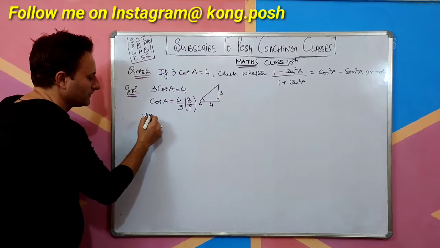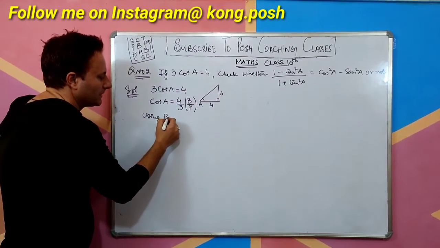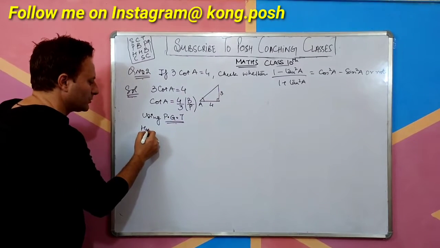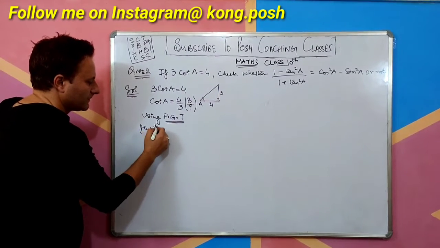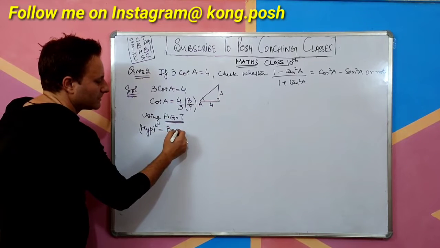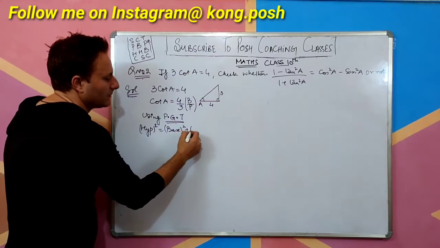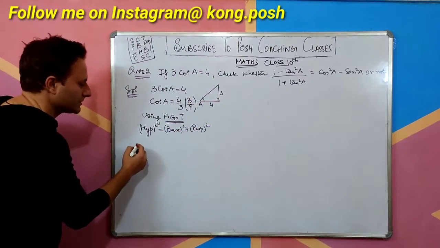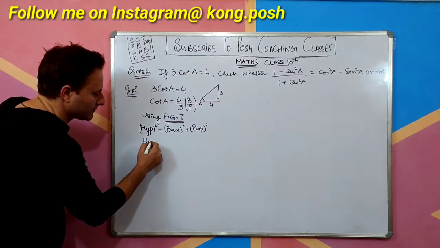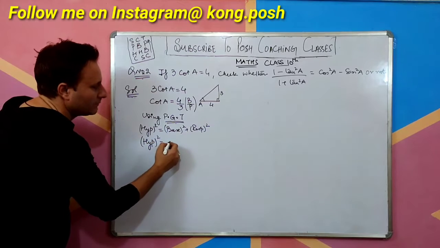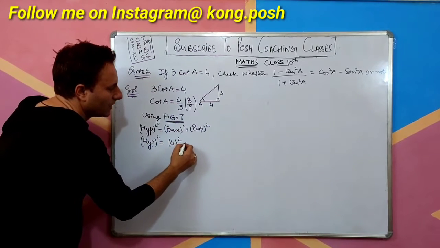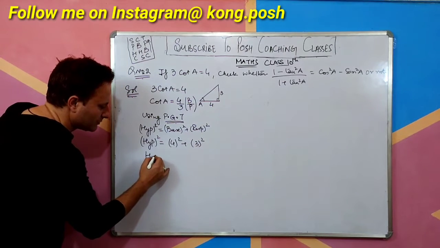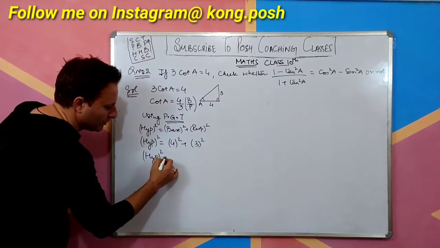So using Pythagoras theorem, hypotenuse square is equal to base square plus perpendicular square. Hypotenuse we have to search, then base is 4 and perpendicular is 3. Hypotenuse remains the same because we don't know what it is.